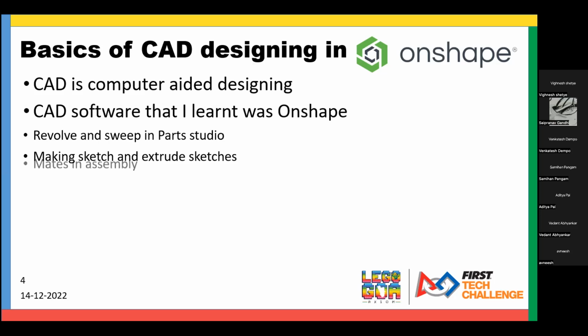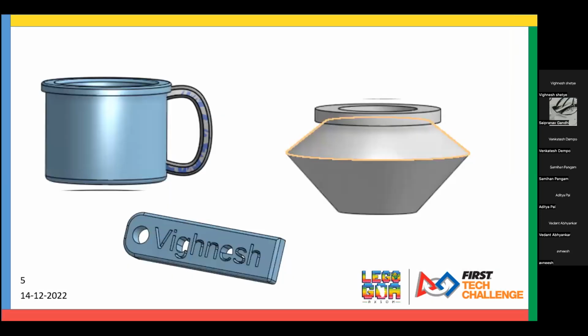These are some of the things I have made in CAD. This is the cup, made using the revolve and sweep features. This is made using the extrude feature, and this is also made using the revolve feature.